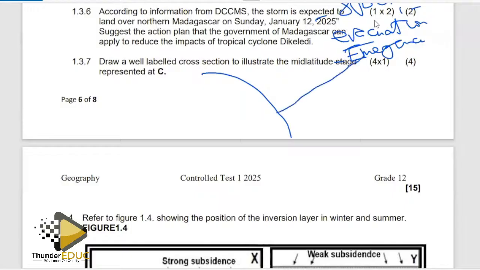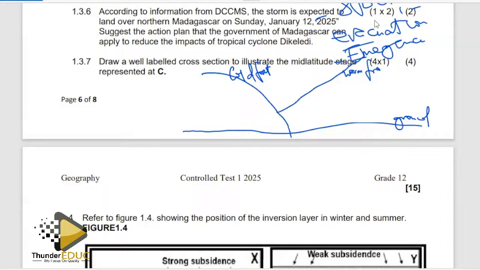We draw something like that. This is our ground. And on this is our cold front. And this is our warm front.